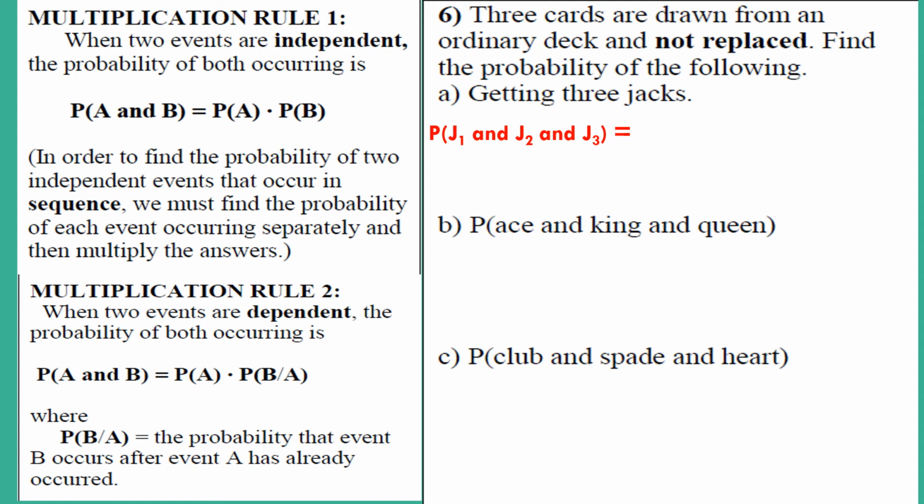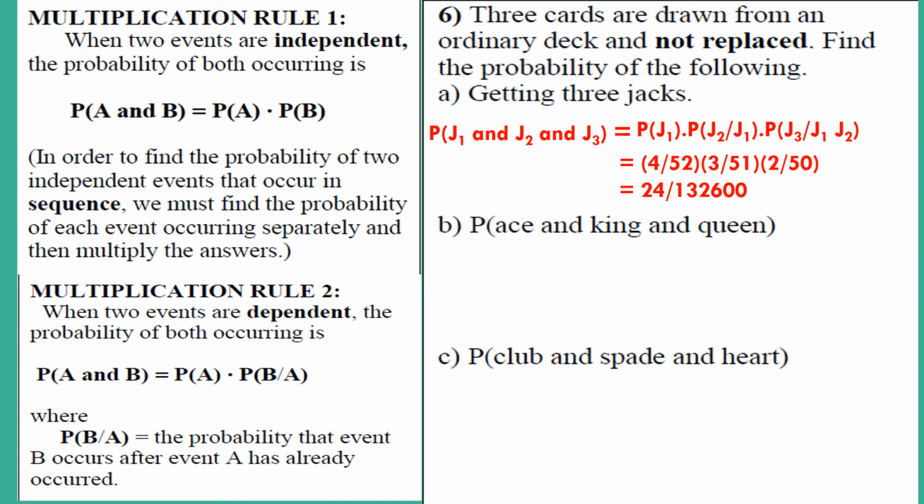So, the probability that the first is a jack, the second is a jack, and the third is a jack is equal to the probability that the first is a jack times the probability that the second is a jack given that the first is a jack times the probability that the third is a jack given that the first two are jacks. So substituting the values, we have 4 over 52 times 3 over 51 times 2 over 50 equals 24 over 132,600.